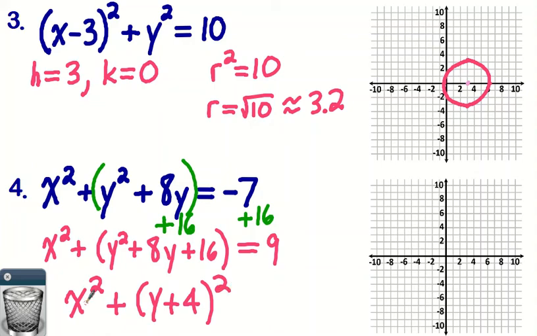And now you see how this matches standard form? Exactly. And now we can look at this and go, oh, h is 0, k is actually negative 4. So 0 comma negative 4 is my center. My radius, since that's r squared, is 3.